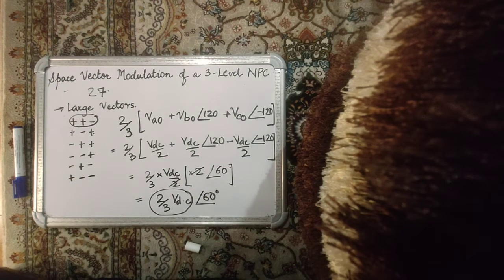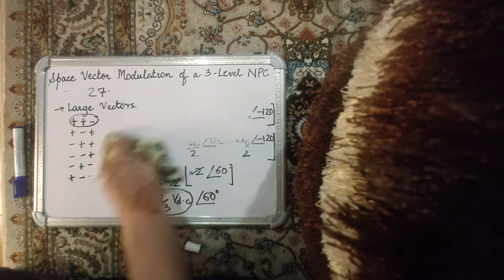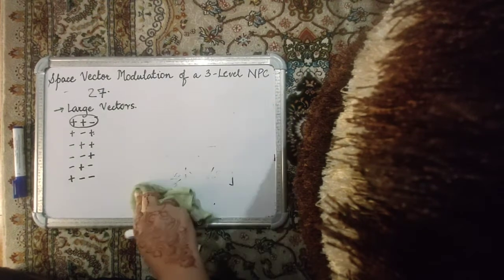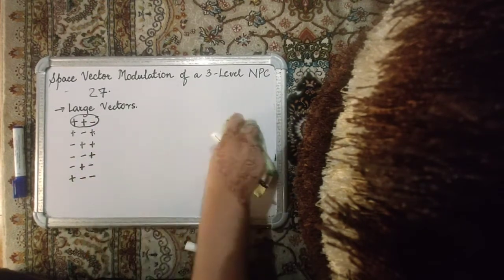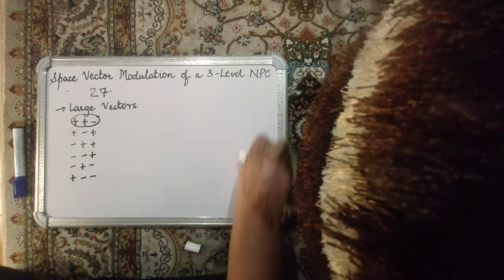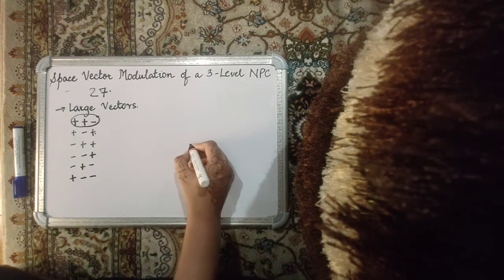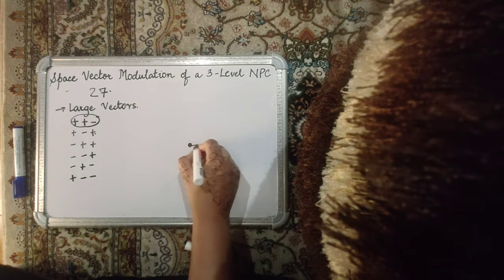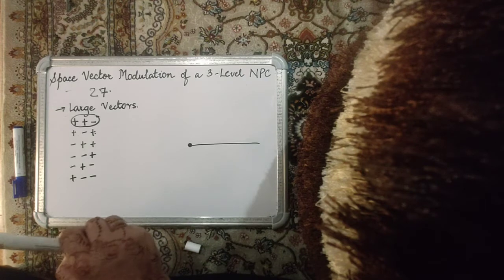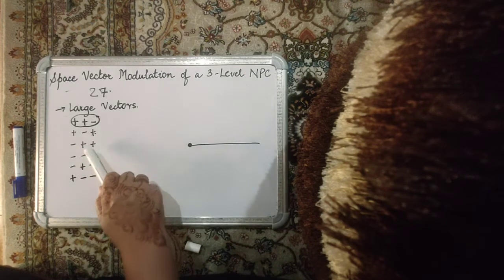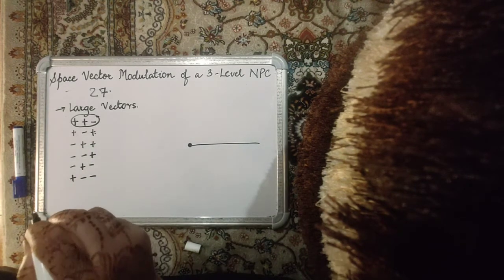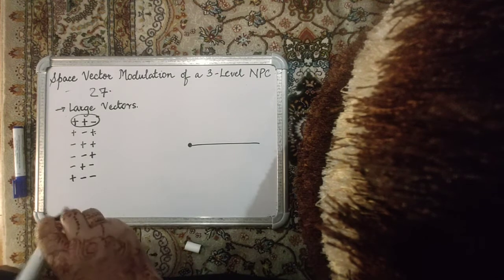Now let's try to draw the hexagon. You can also confirm these switching states for the converter. All right, so you have an origin point and you have 6 large vectors.